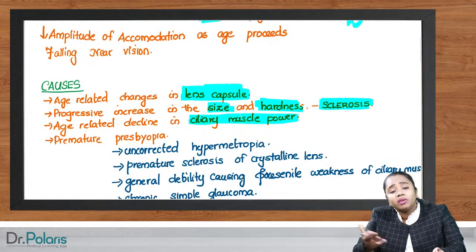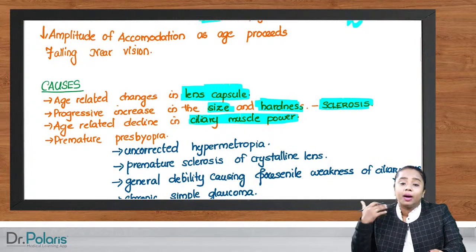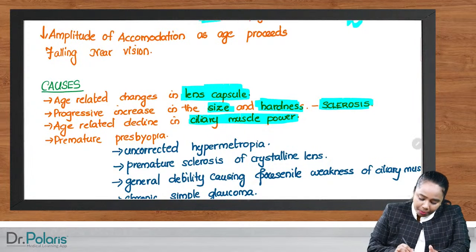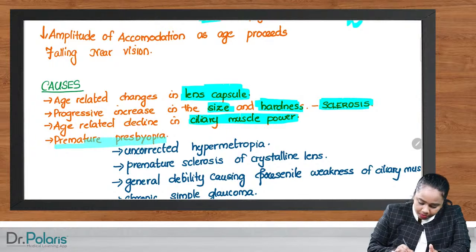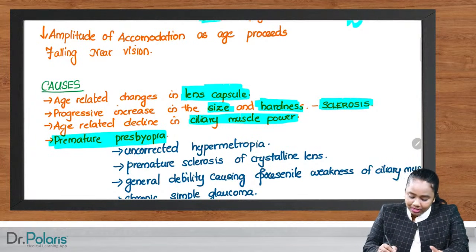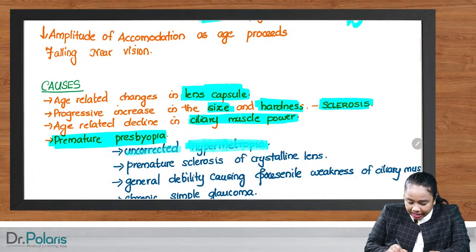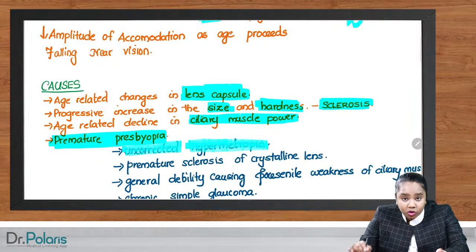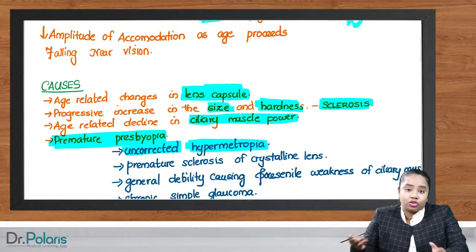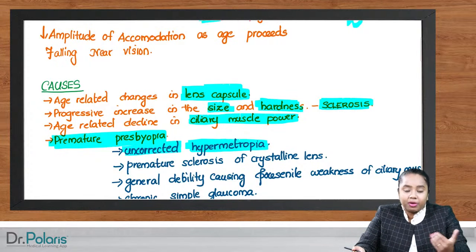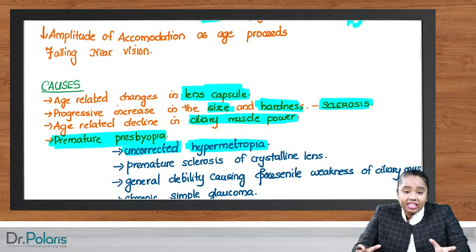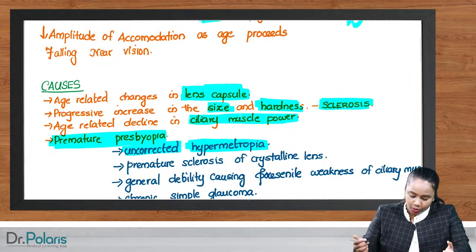Now, can we have it before that? That is premature presbyopia. Premature presbyopia also occurs in certain conditions. Usually this happens whenever hypermetropia is uncorrected. When a hypermetropic eye is present and uncorrected, it can cause problems like presbyopia in the future, because initially they will try to accommodate, but after a period of time there will be failure of accommodation.